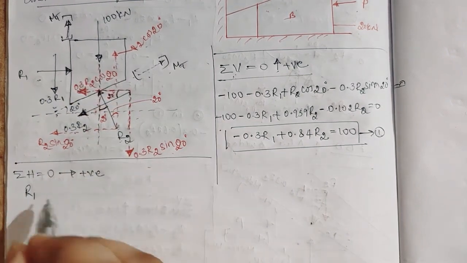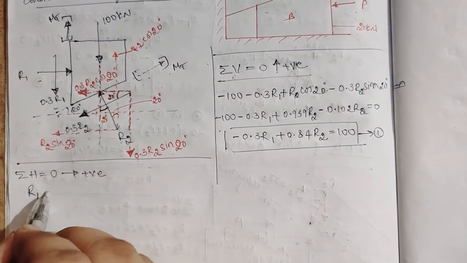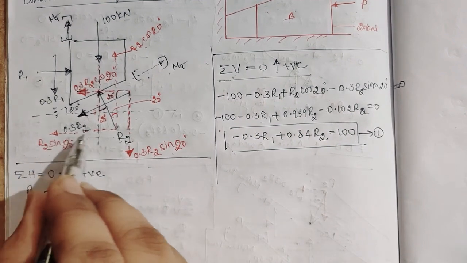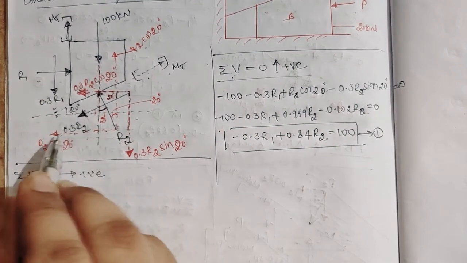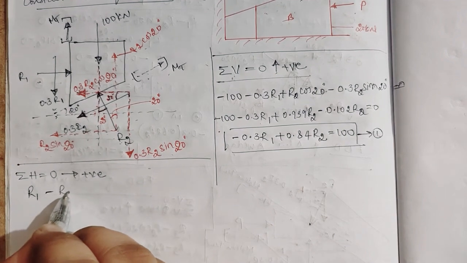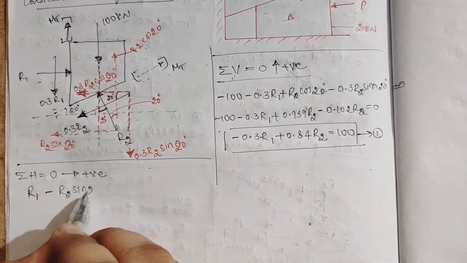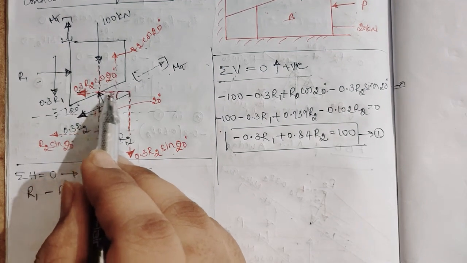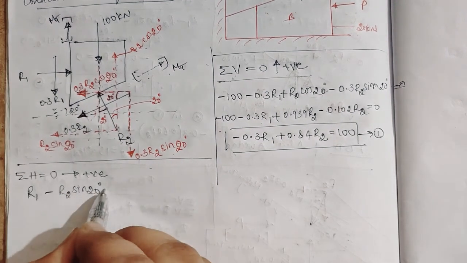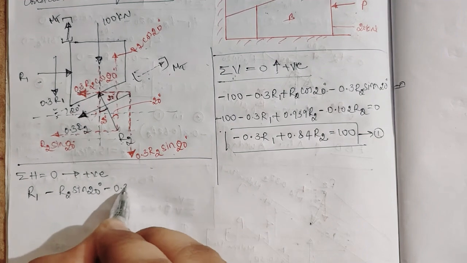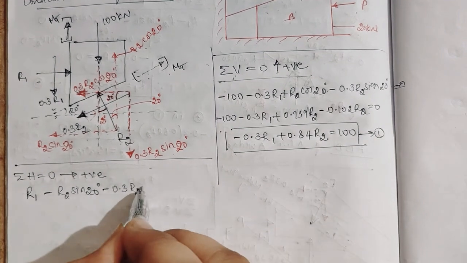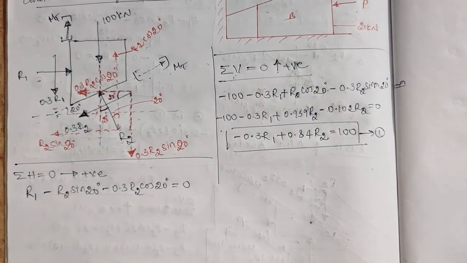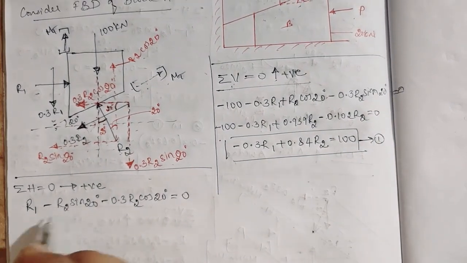R1 is the horizontal force, then I'll take our inclined force, that is R2, horizontal component, this is on the right side, left to right. So minus R2 sine 20 degree, then the F component, that is 0.3 R2, that is also minus 0.3 R2 cos 20 degree is equal to 0.